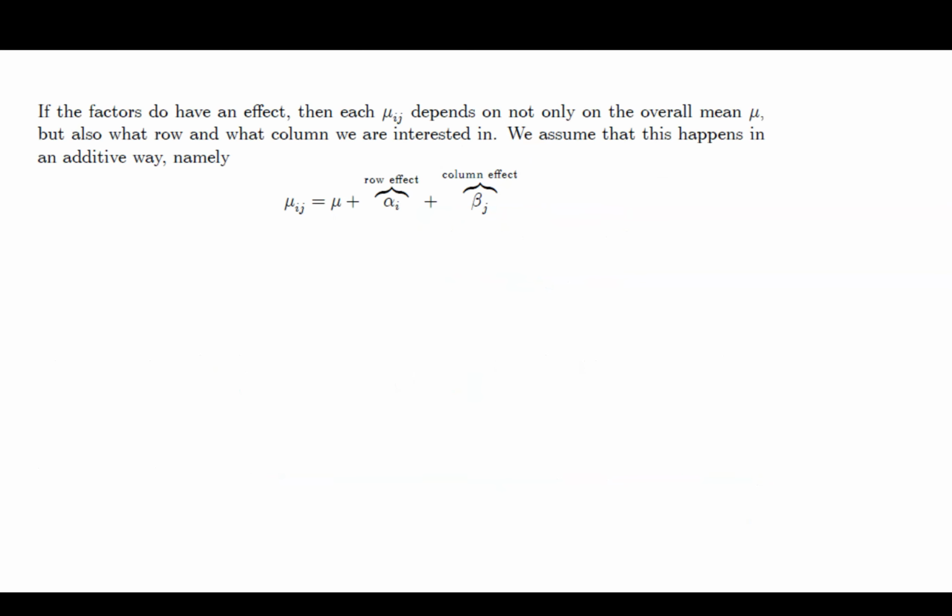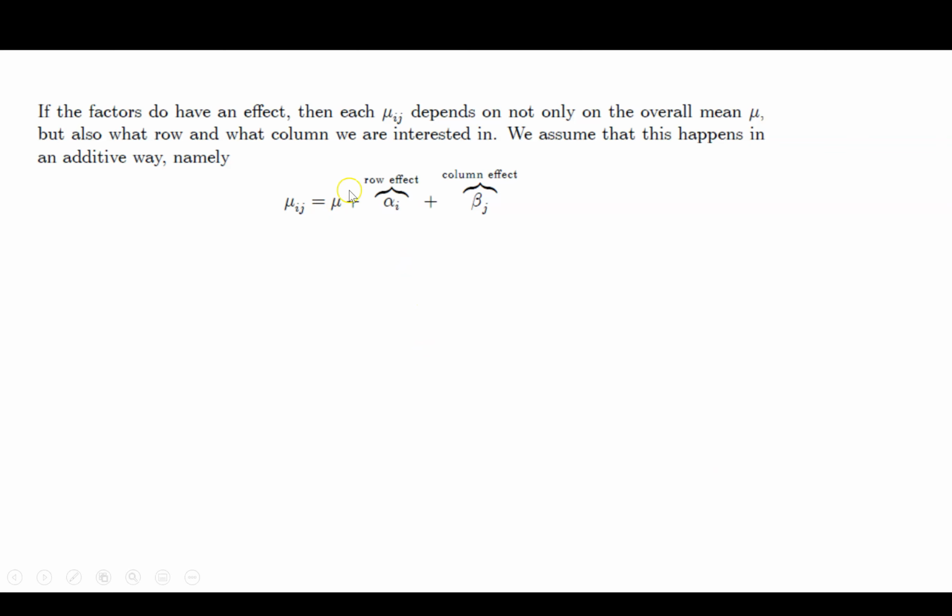However, if they do have an effect, then we're going to assume that the individual means depend not only on the overall mean, but also on what row and what column we're in. We're going to assume this happens in some sort of additive way.